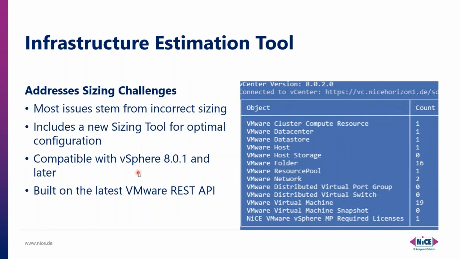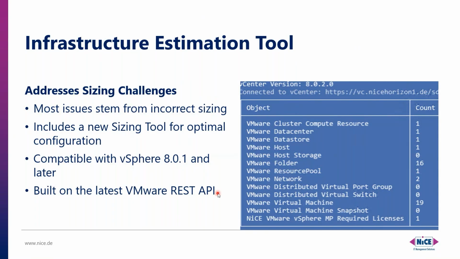So, an important item to mention here: we also decided to go one step further than earlier versions of vSphere. vSphere 7 and 6 are end of life. We're supporting only the version supported by Broadcom VMware, which is 8.0.1 and later. And it's built on the latest REST API.